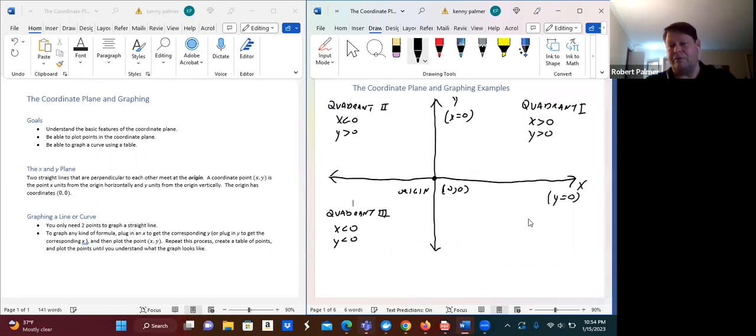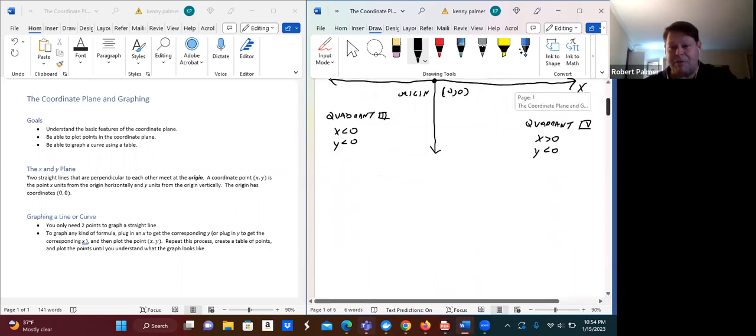Then finally, this is quadrant 4. We're back to the right of the y-axis, so x is now positive. And since we're below the x-axis, y is negative. All right, so that's just some basic information about the coordinate plane.